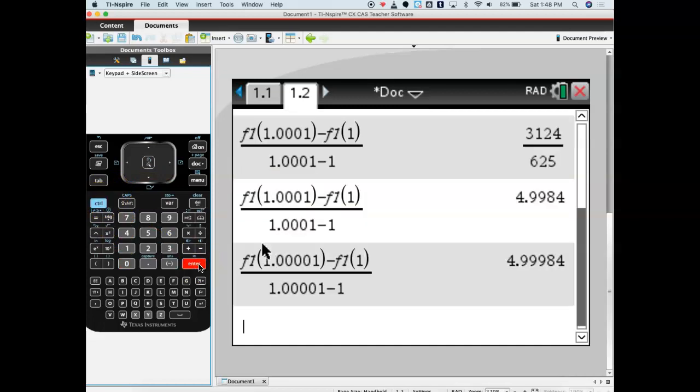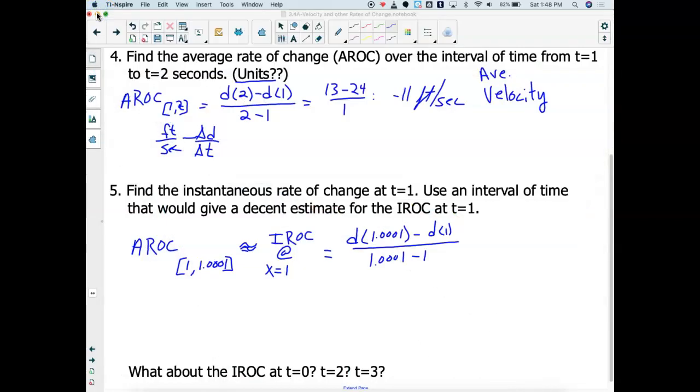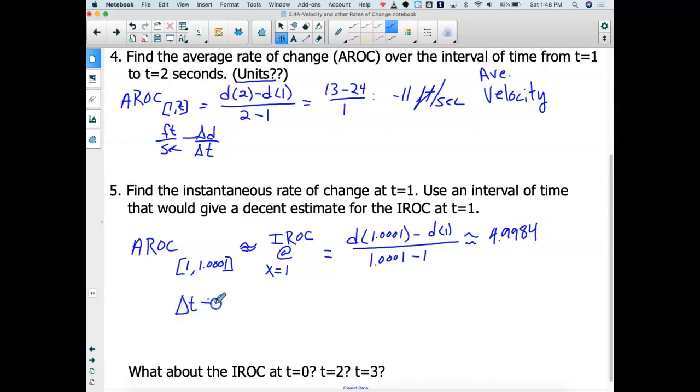Okay, and we could see if we rounded off to 3, first and foremost, we approximated this at 4.9984, but then as we let our change in time get closer and closer, and we kept going closer to 0, we found out that a good estimate was 5 feet per second.